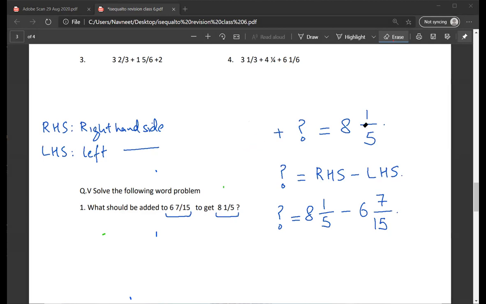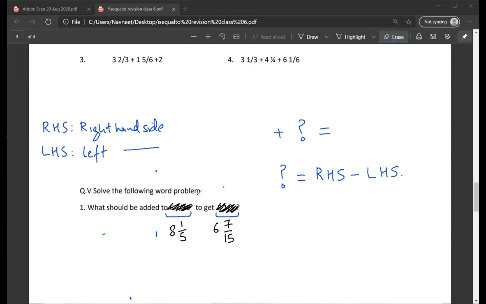You need to be very clear about this, and that is why I'm spending some time on it. Please try to understand that this question can be modified like this: what should be added to 8 1 by 5 to get, what was the number? 6 7 by 15.